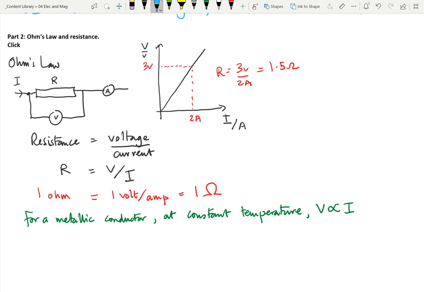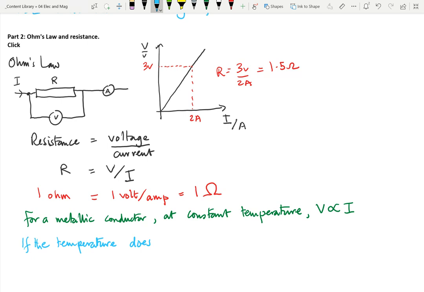Now, we have, however, got lamps with hot filaments. So what about if the temperature does change? And if the temperature does change, the electrons find it harder to get past the atoms because they're jiggling around so violently.